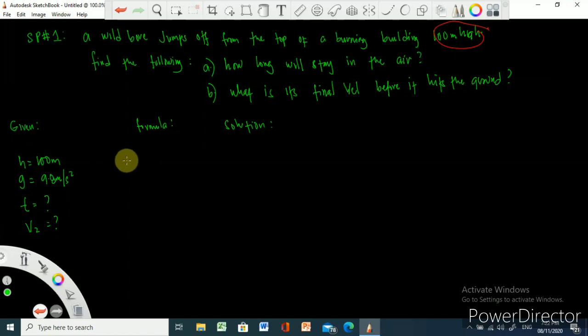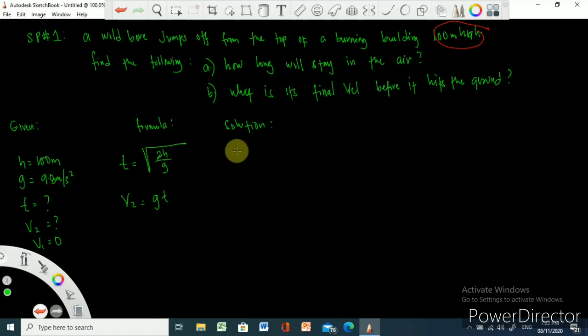Right? So, pag may given ka na, you can easily see the missing o yung hinahanap, the required. And you know the formula for time, gaya ng sabi ko kanina, square root of 2h over g. And you know the formula for final velocity. V1 is 0 because it starts from rest. Lagyan na rin natin. Then v2 is equal to v1 plus at or gt. So v2 is equal to gt.